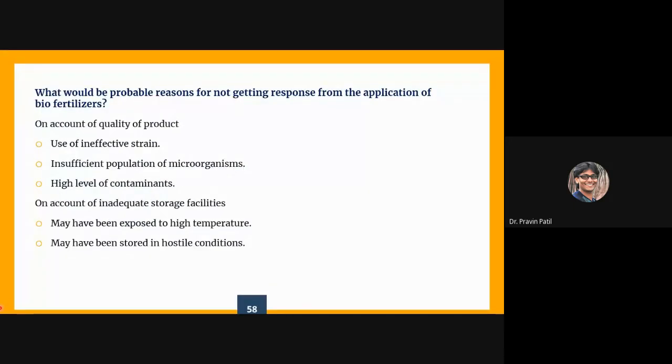Then what would be the probable reason for not getting a response from biofertilizer? This might happen in the actual field, that people are exploring their biofertilizers in the field. However, they are not getting any response. So in that case, what can be done is that we have to look at different levels.